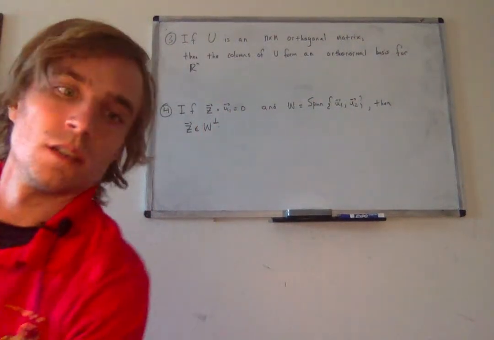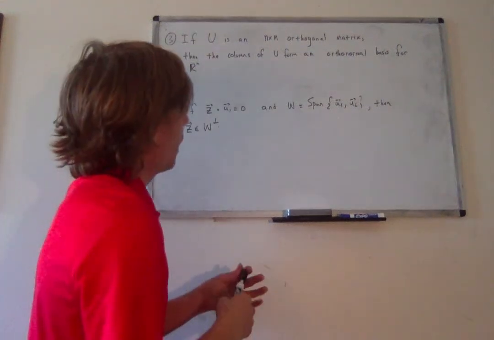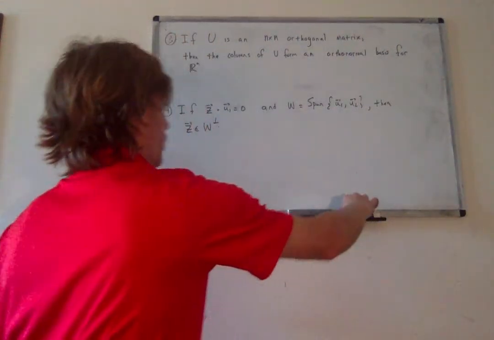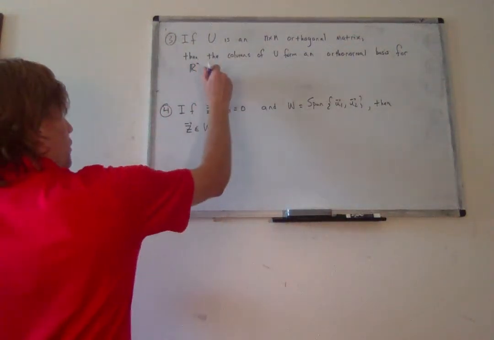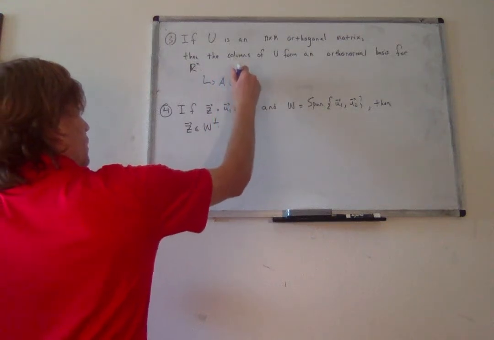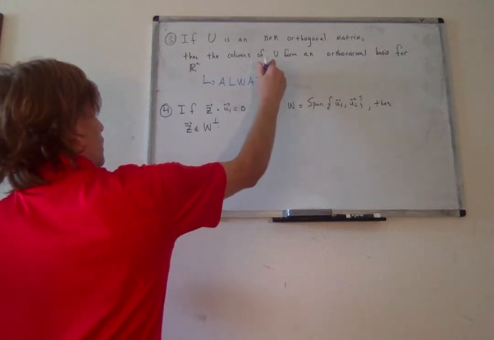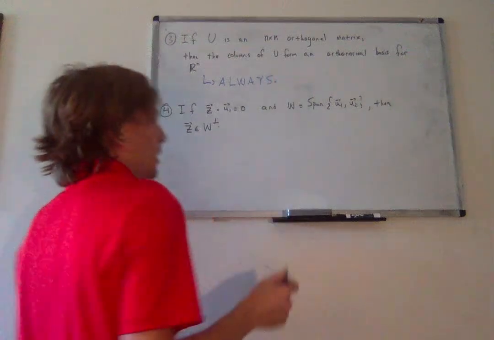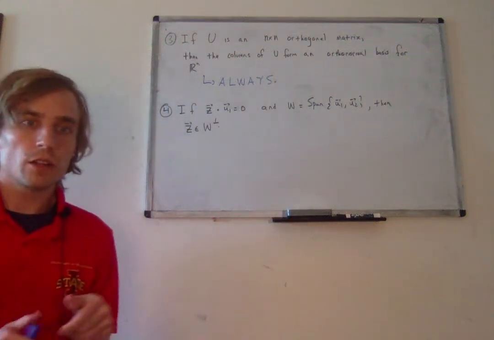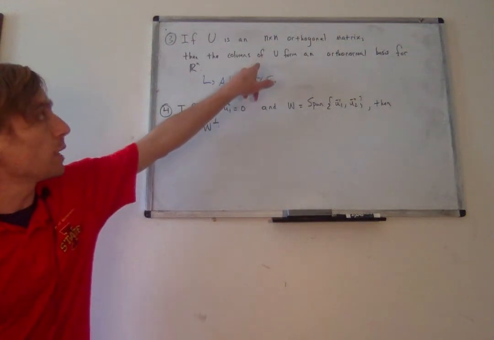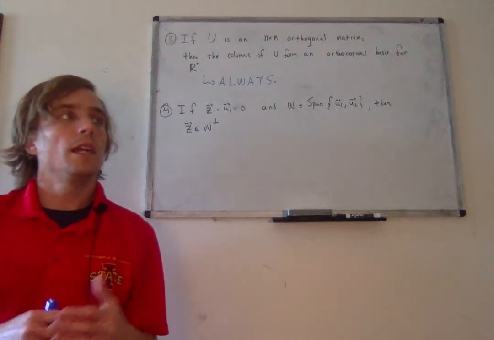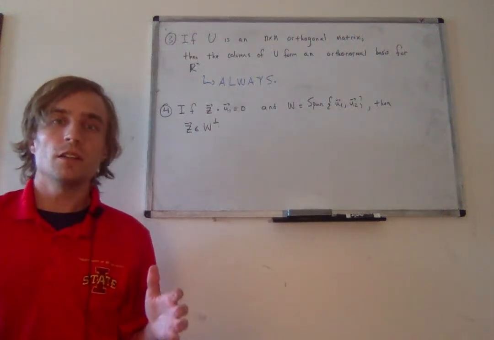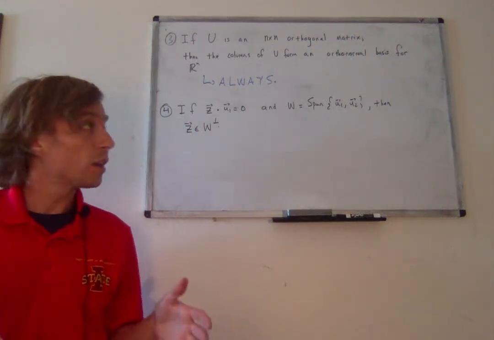All right. So, number one, this one is always true just by definition. I chose this one because I wanted to recollect the definition of an orthogonal matrix. Remember, an orthogonal matrix is an n by n matrix with orthonormal columns.